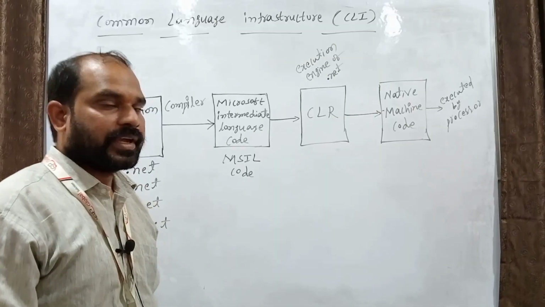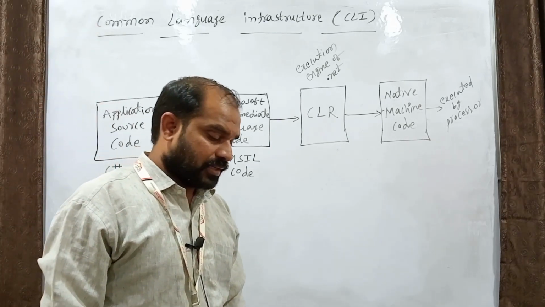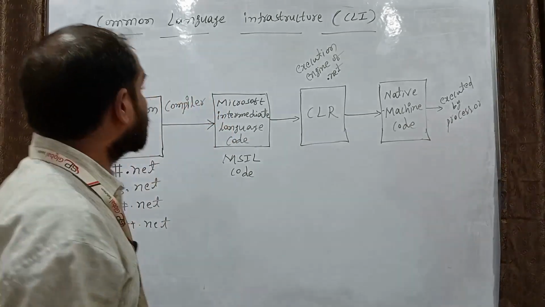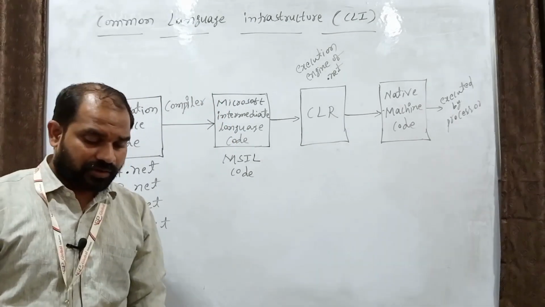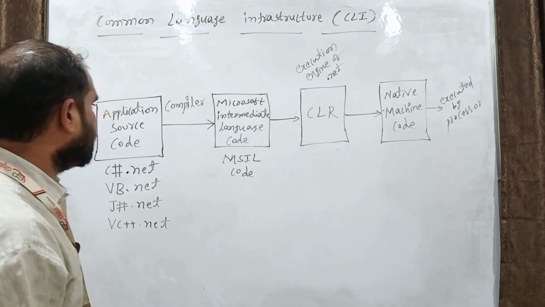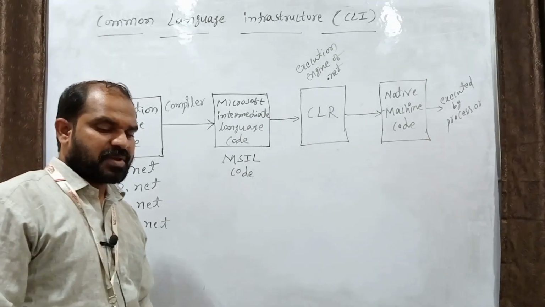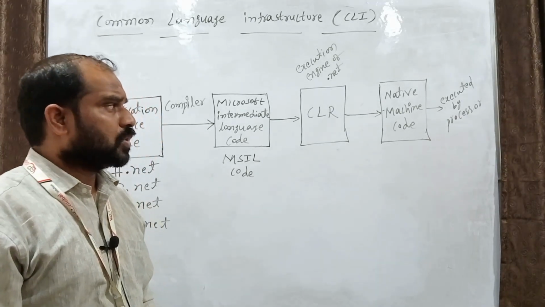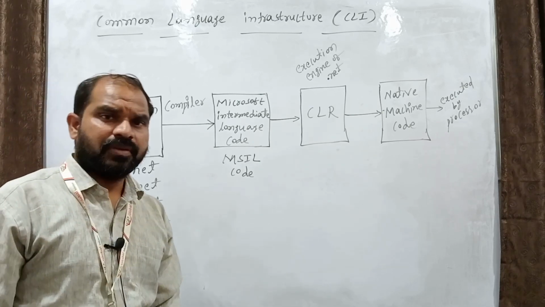Now we will understand how a .NET application gets executed. This is called the common language infrastructure. First of all, we are going to write the source code for any application. It may be mobile, console, machine learning, IoT, or web, whatever it is.